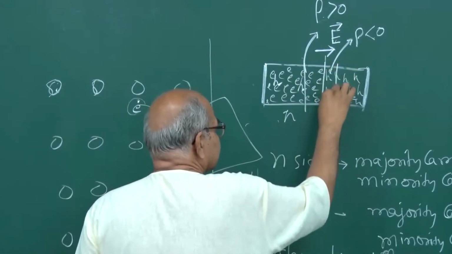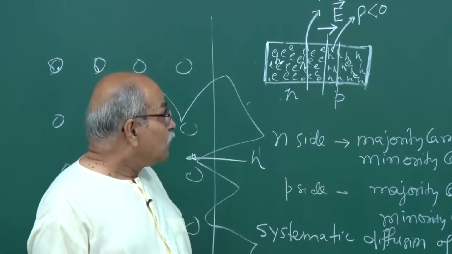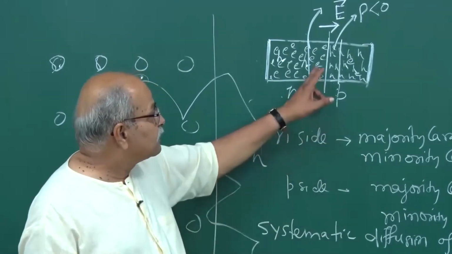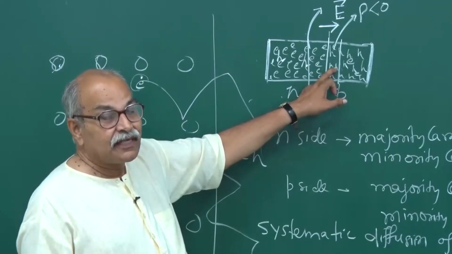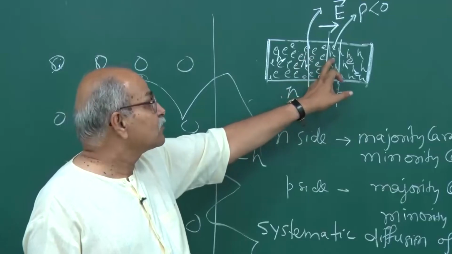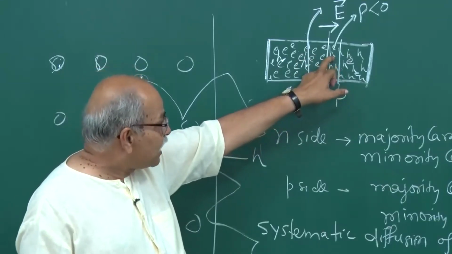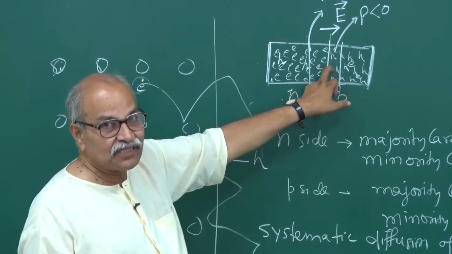say in a layer like this. Now if the electrons are coming to this side and the holes are sitting here, these electrons will have a good probability of filling up these holes.